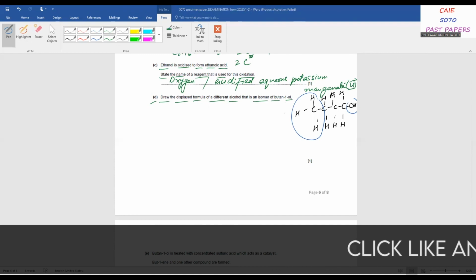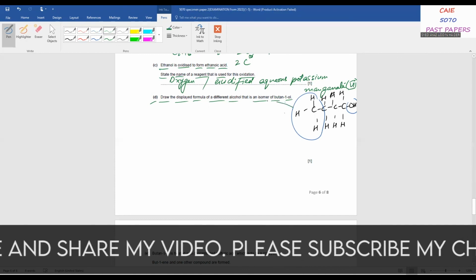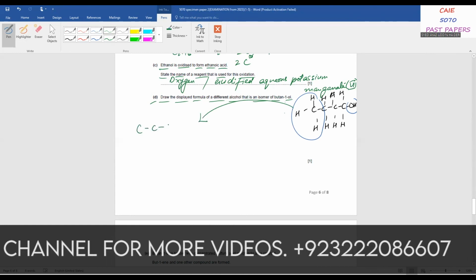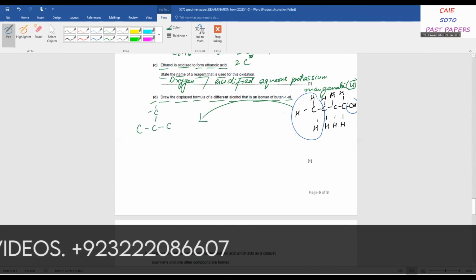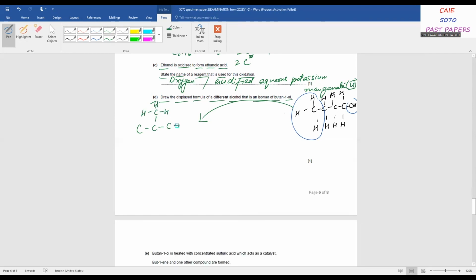So if we move this CH₃, we get this. C1, 2, 3. Now if I change the position of the functional group, that is OH, what will I get? I will get this.